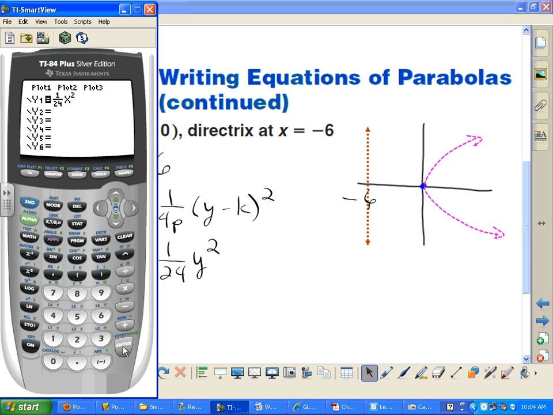And this, any calculator will do this. All right. So let's hit zoom 6 and graph it and see what we get. Okay. All right. There's the graph of the inverse of what we're looking for, right? Okay. So go to second program.